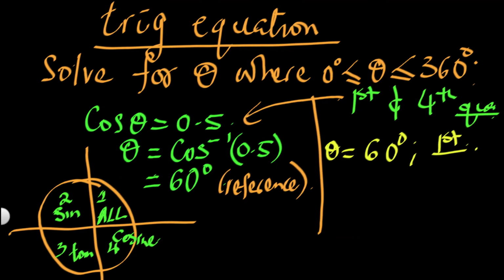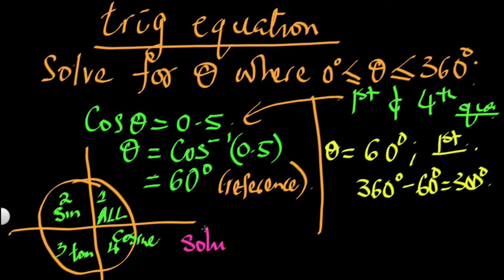Now let us find another angle in the fourth quadrant. In the fourth quadrant, the theta there will be 360 degrees minus your reference angle, minus 60 degrees, which means it is 300 degrees. This is the second answer, such that our solution set, we give our answer here as a solution set.